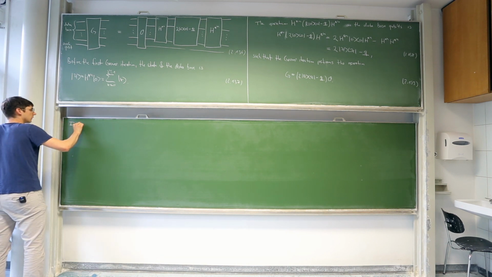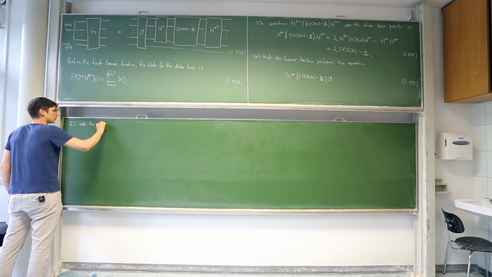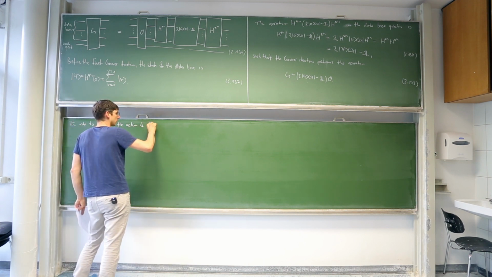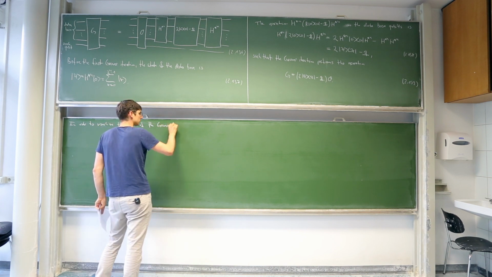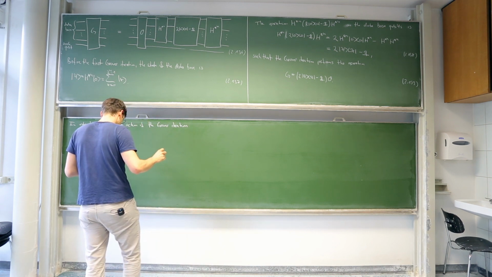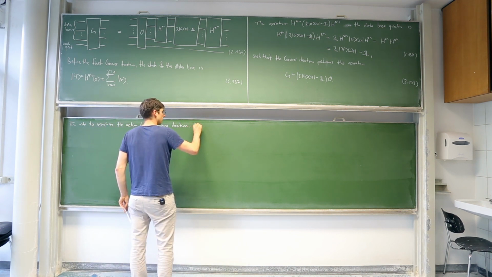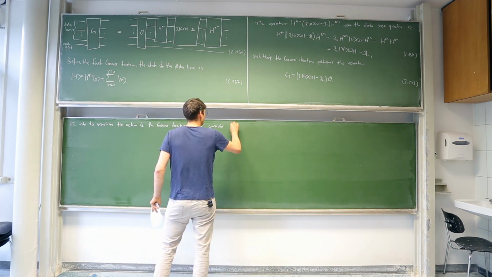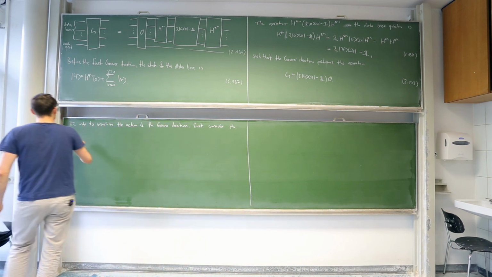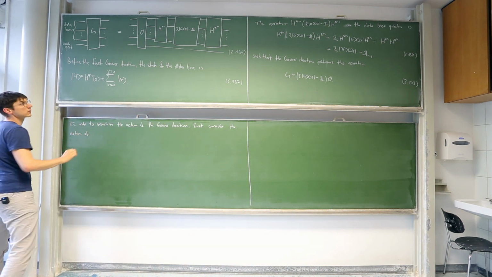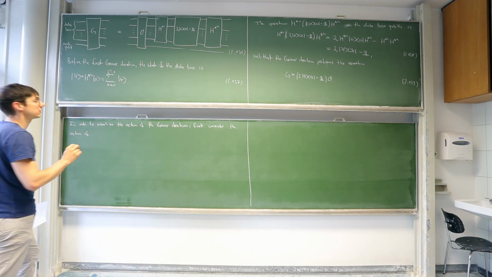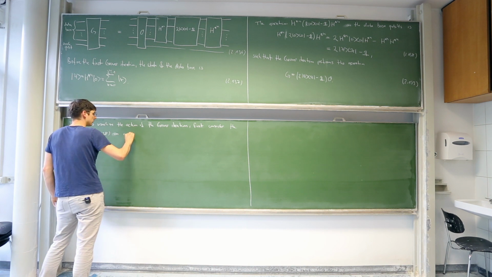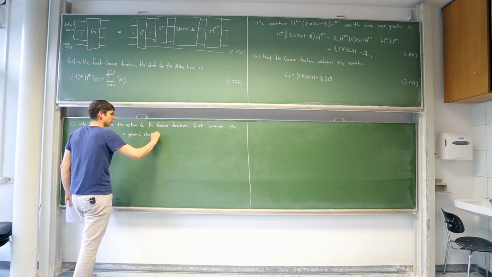Okay, so in order to visualize the action of the Grover iteration, first consider the action of 2|ψ⟩⟨ψ| − 1 on a general state φ.